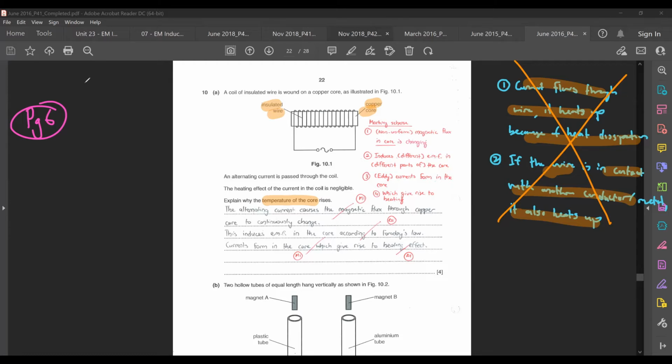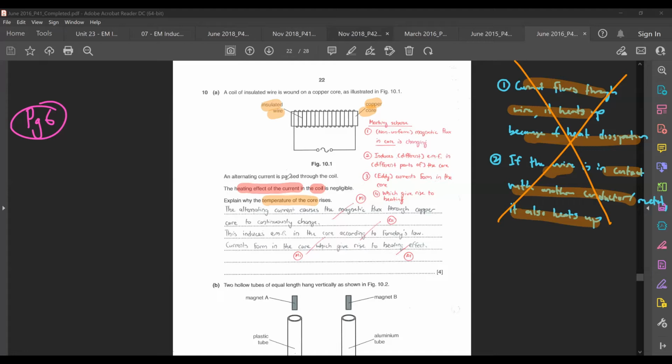The question already specifically mentioned not to do that, because you see here, they tell you the heating effect of current in the core is negligible. So you are not assuming that the wire is heating up, because sometimes people will say the wire heats up because it's in contact with the copper core, so it also heats up the copper core along with it. But here they already specifically tell you, don't assume that the current in the core causes any heating effect.